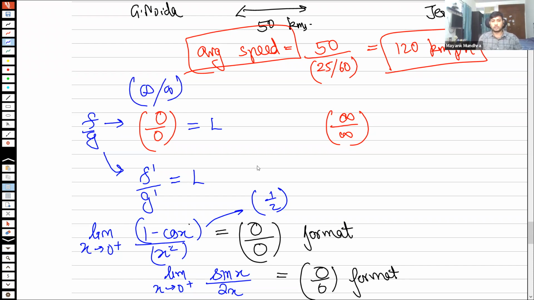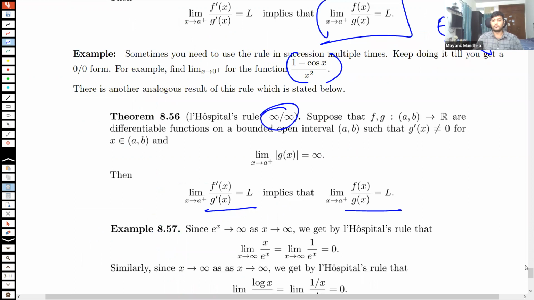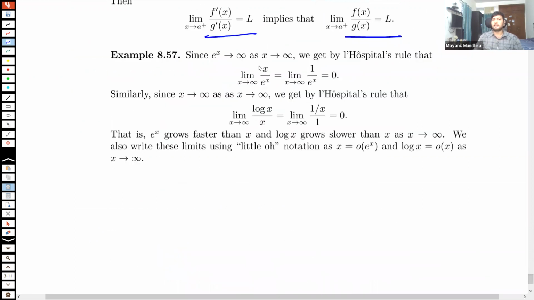So let's look at this example now. x by e to power x as x tends to infinity. x is going to infinity, e to power x is going to infinity. So this is basically your infinity by infinity format. So you can differentiate both the numerator and the denominator.